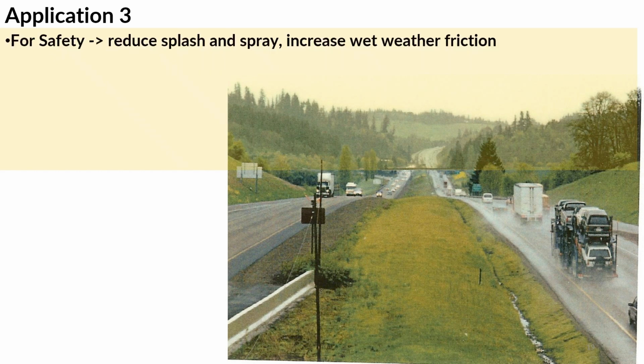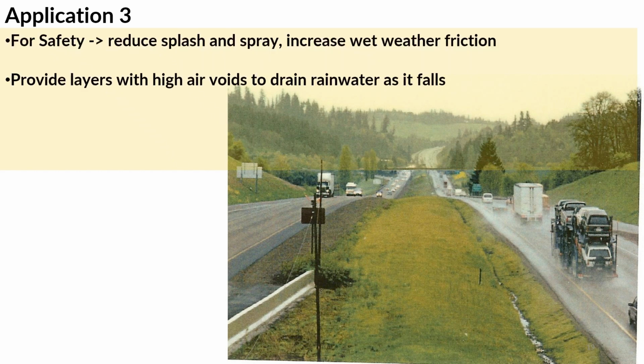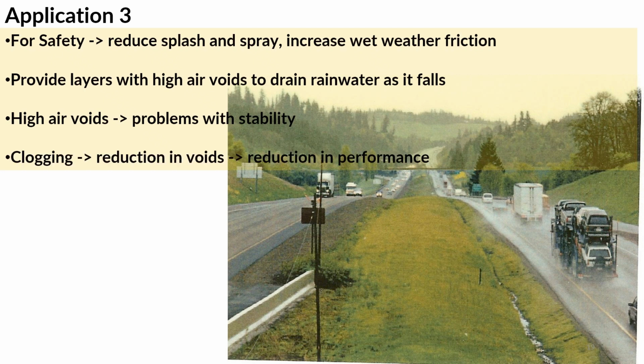However, this kind of layer needs a lot of air voids to drain the rainwater as it falls, which also has a consequent problem. What is the problem? If you have high air voids, you may have problems with the stability of the material.